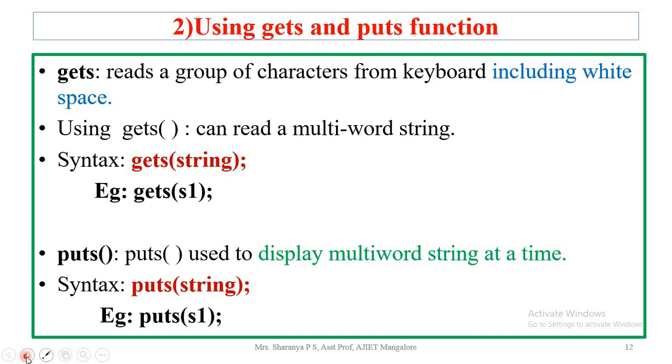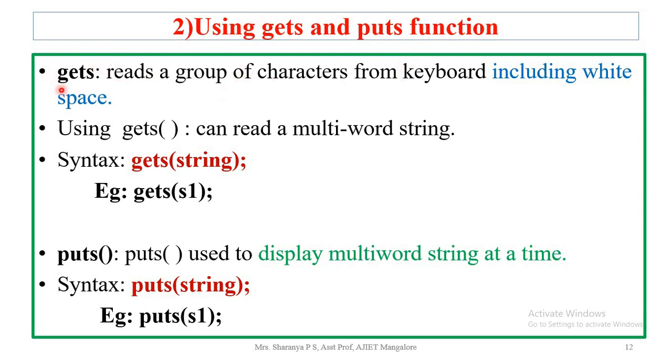Now the gets and puts functions, which are majorly used with respect to strings. The problem we observed in scanf can be overcome by using the gets function, while puts is used for displaying onto the screen.